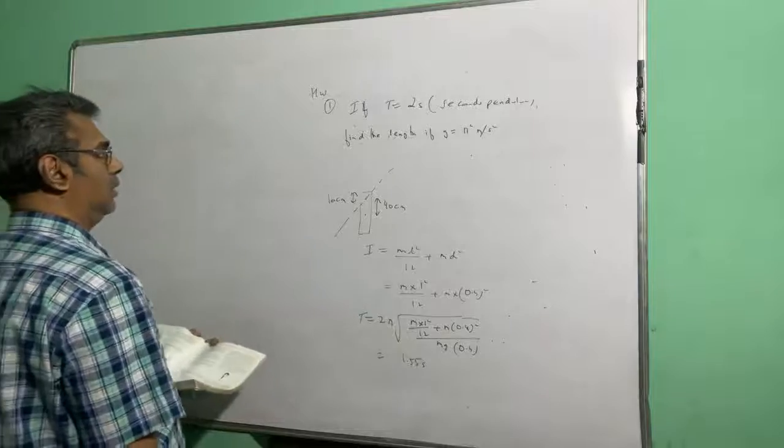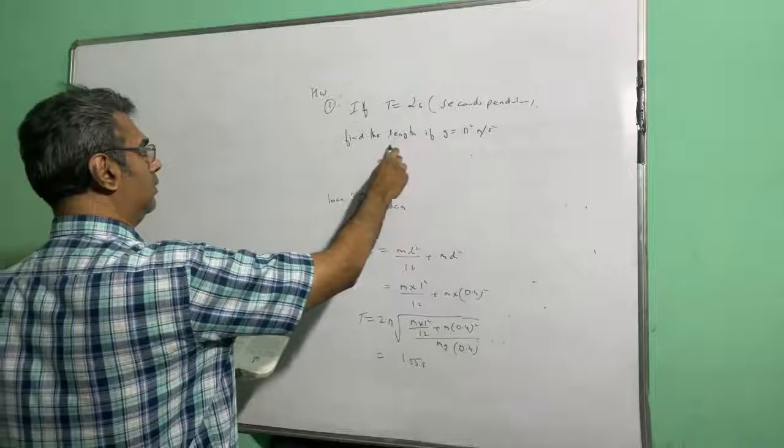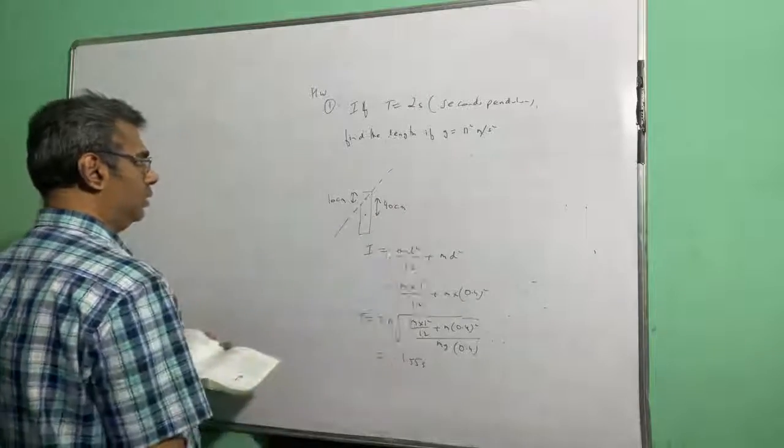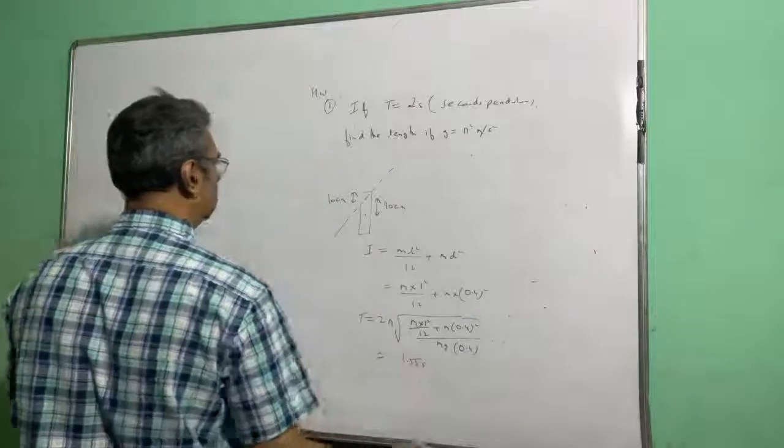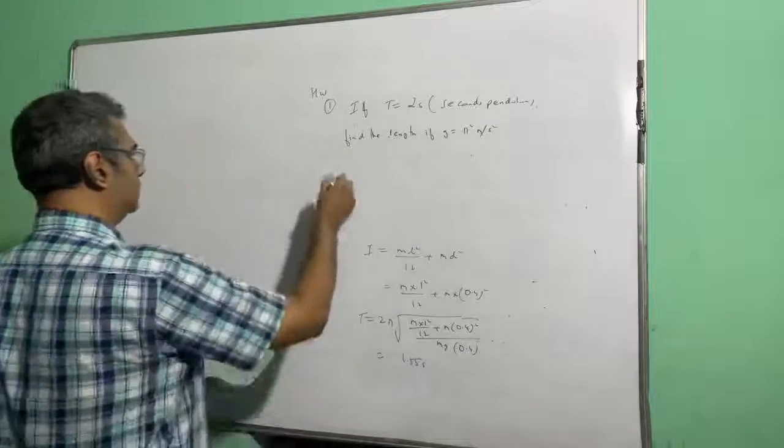Question number 1: if the time period is 2 seconds, when it's a seconds pendulum, then find the length if g equals pi square meter per second square.